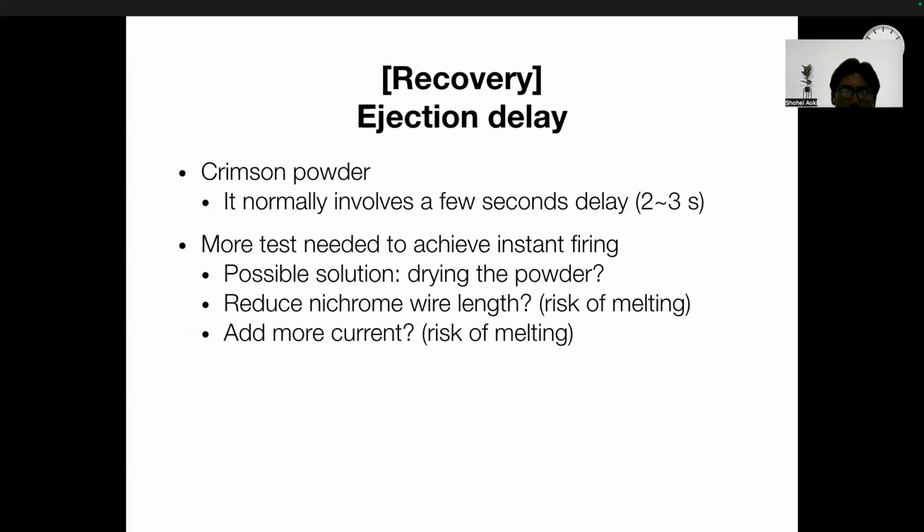In the testing in JQuat, we observed it normally involves a delay of 2 to 3 seconds. So the next recovery team needs to reduce such an ejection delay. Ideally, it should be 0. But I think they already started on how to improve it. I think they had a presentation on it on Friday. So they will test it.